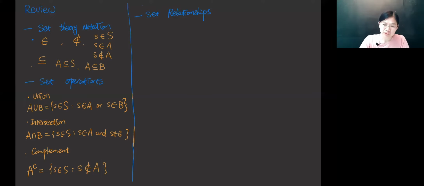We also discussed two basic set relationships. First one is disjointness. A pair of sets A and B are disjoint if the intersection of A and B is the empty set.